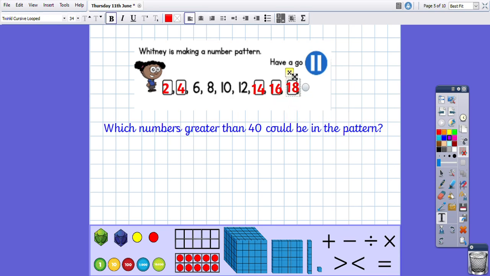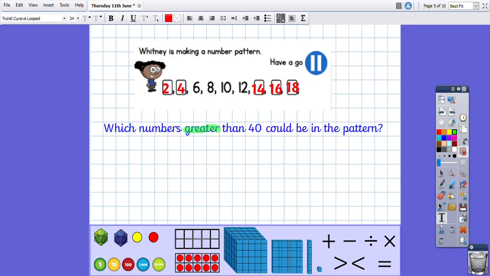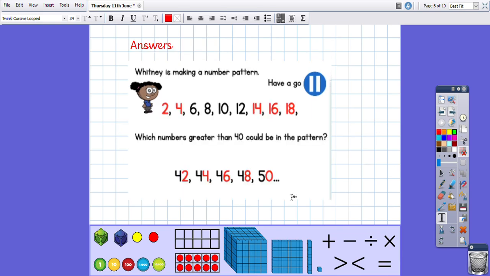My question and challenge is which numbers greater, so remember greater than 40 could be in this pattern. Write them down, see if you can write 5 more numbers greater than 40 that could be in my pattern.